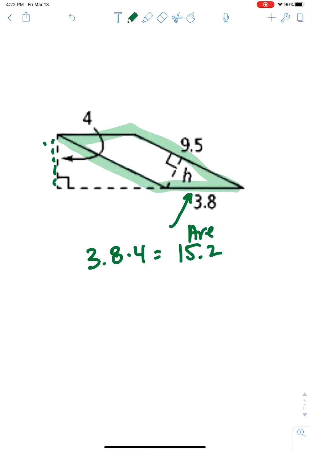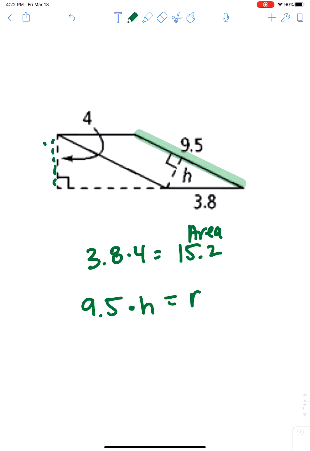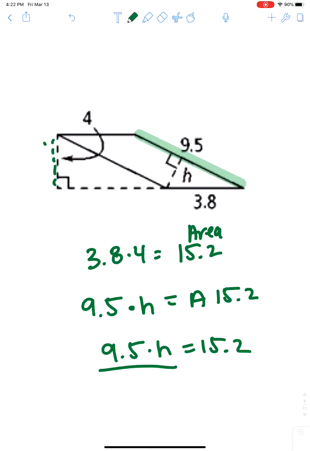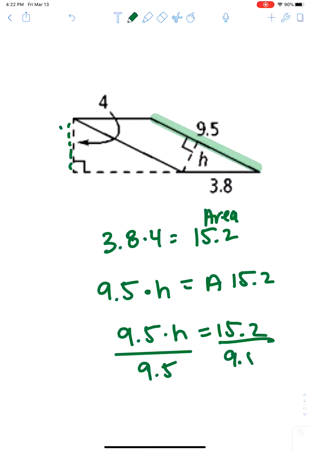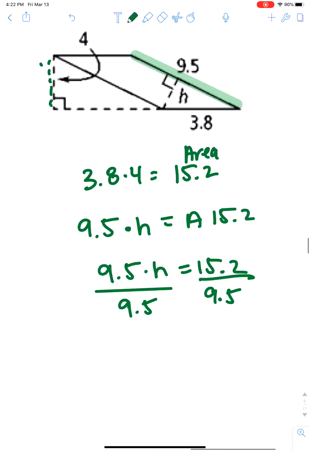But if I re-looked at this shape sideways and this was my base, then my area would be 9.5 times the height. And again, it would still have to equal 15.2. So if 9.5 times h was 15.2, if I divide both sides by 9.5, then I'm going to get 1.6.